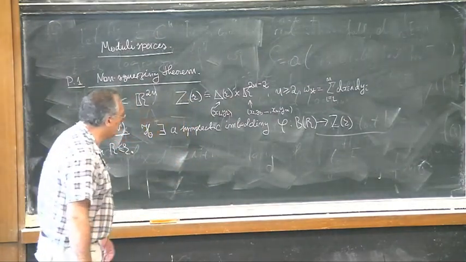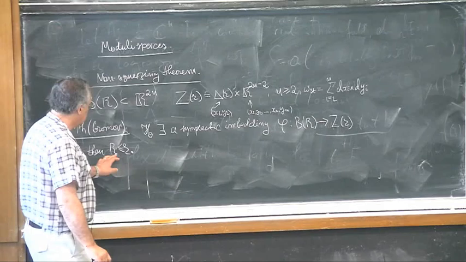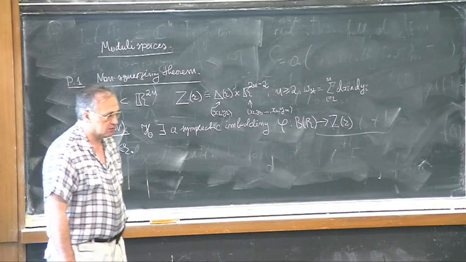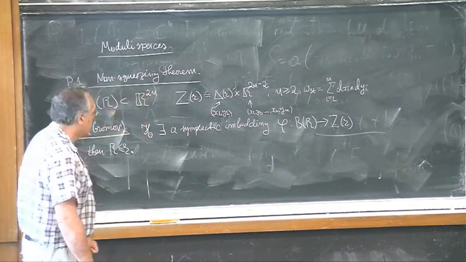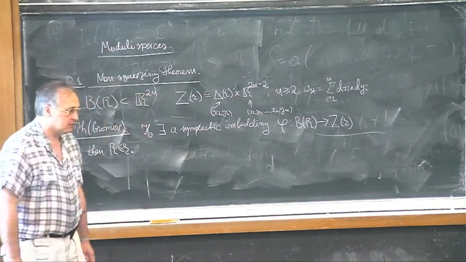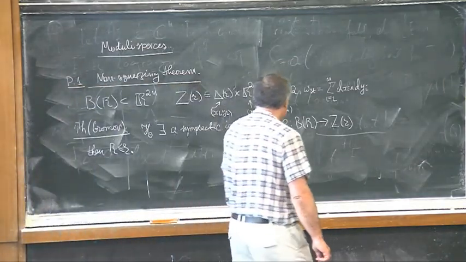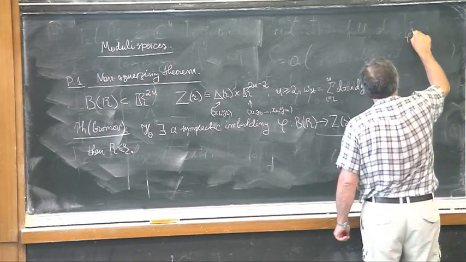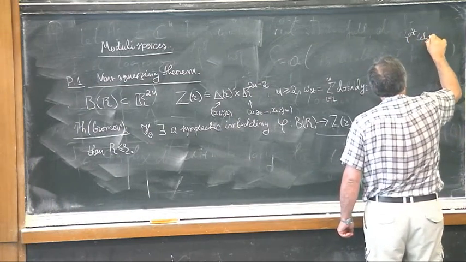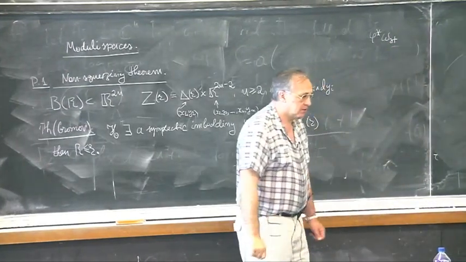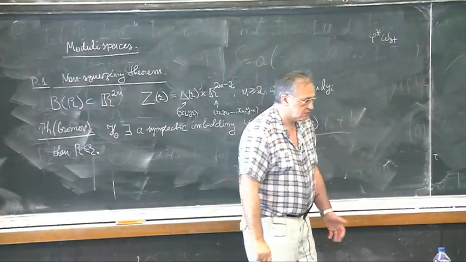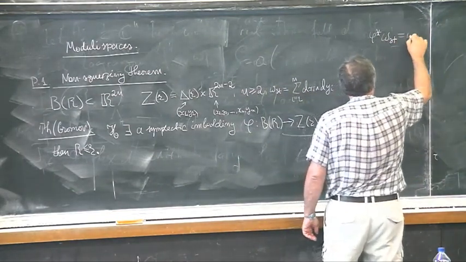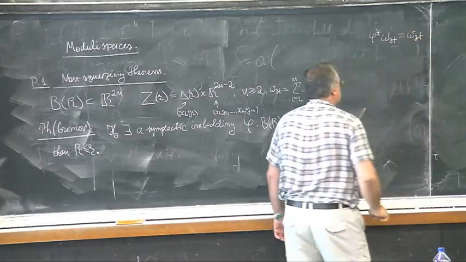Of course, if this condition is satisfied, then the trivial embedding will work. So this is of course a necessary and sufficient condition. A symplectic embedding or symplectomorphism is a map such that it preserves the symplectic form in question. So in our case, the pre-image of the standard symplectic form should be the same thing.